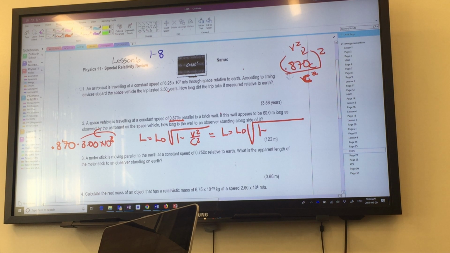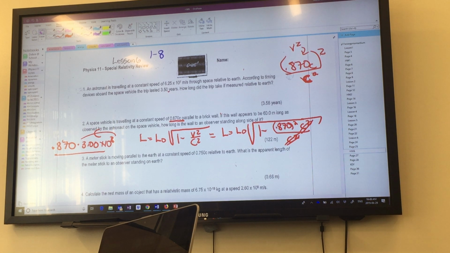When I square this, I've got 0.870 squared and C squared divided by C squared. So I actually don't even have to calculate this. I just take the number they give me and square it, and it's already done. You can do that if that shorter way makes sense to you, or whatever.